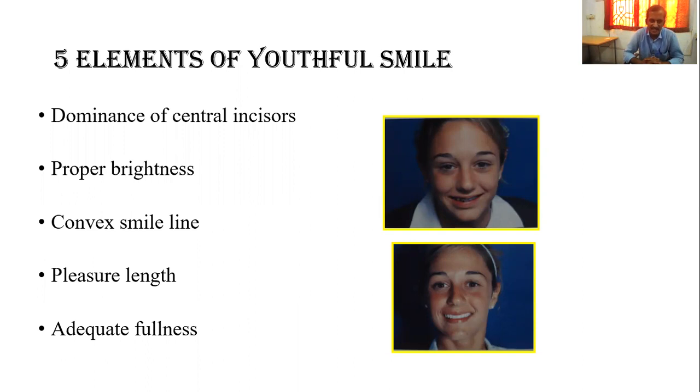The 5 elements of a youthful smile are, see, if you smile, eventually in the upper teeth, the dominance of the central incisors is more seen, with proper brightness, and a good smile will have a convex smile line.